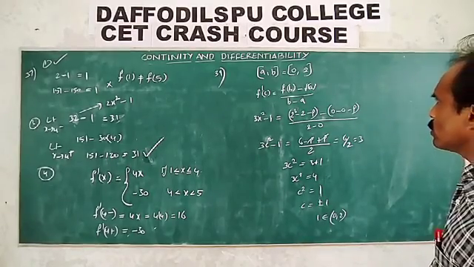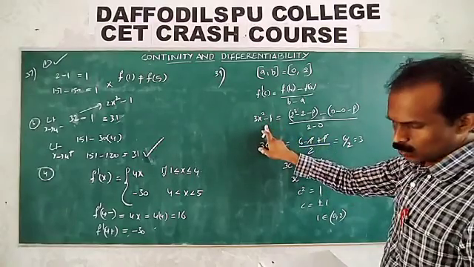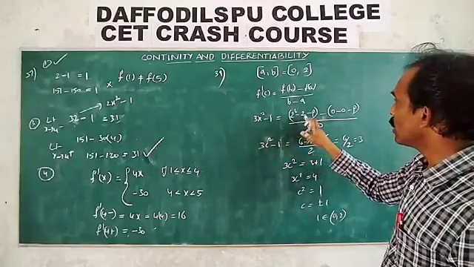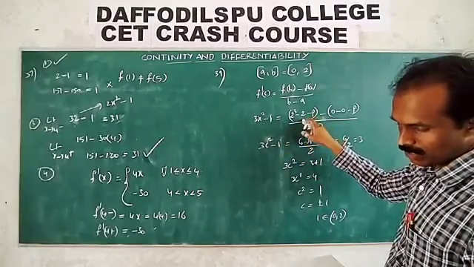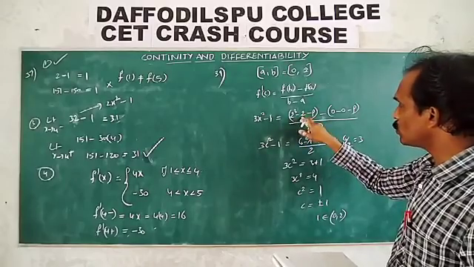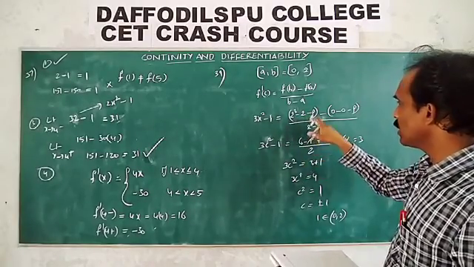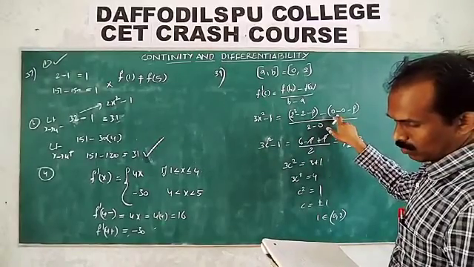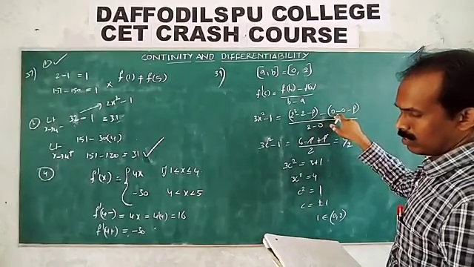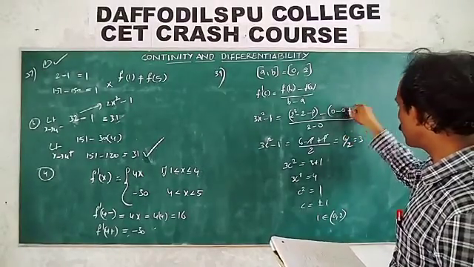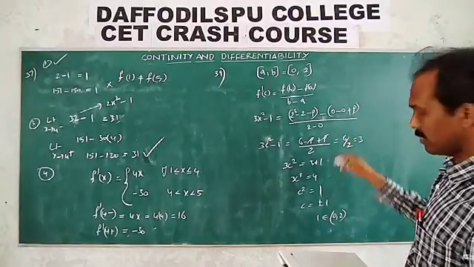Okay, mistake. 3x square minus 1, right? f of b means 2 cube minus 2, 8 minus 2, 6 minus p. Then here f of a is 0, plus p here.